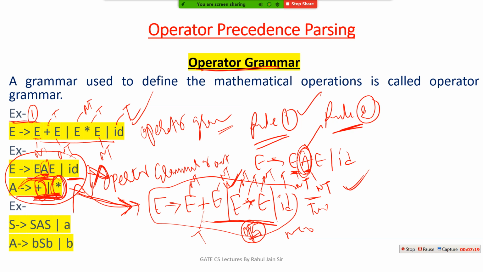So guys, are you getting the rules or not? Are you able to find the clear differences between the operator grammar, which grammar is operator grammar and which grammar is operator precedence grammar or not? Please comment in the chat box whether you are getting the concepts or not, so that I can proceed with the next examples. Please answer me.